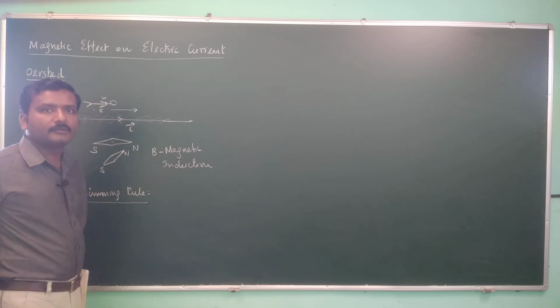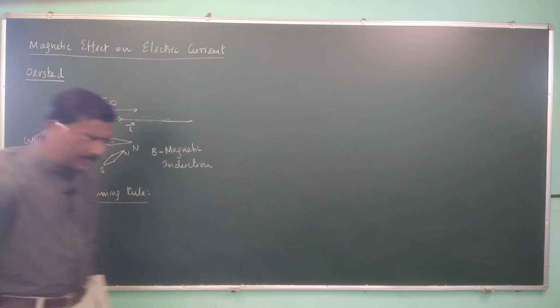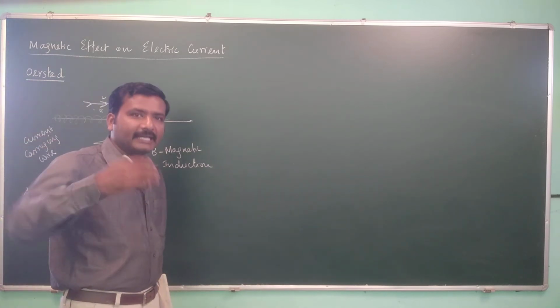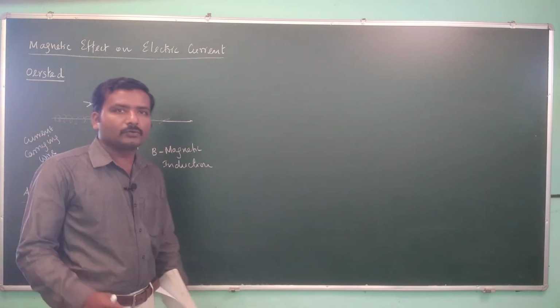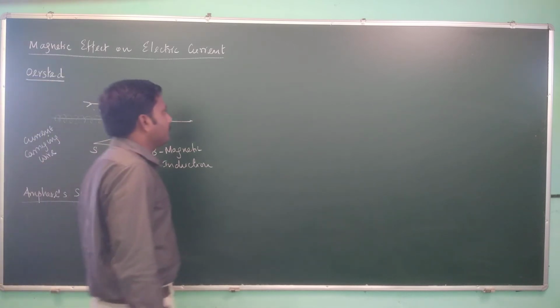Got it? Fine. Now, if this is the case, then what would be the magnitude of the force and the direction of the force? That would be the immediate next question one would raise. Let us try to answer.